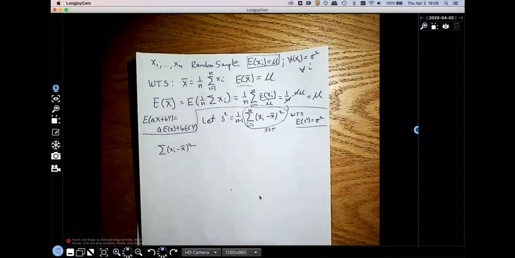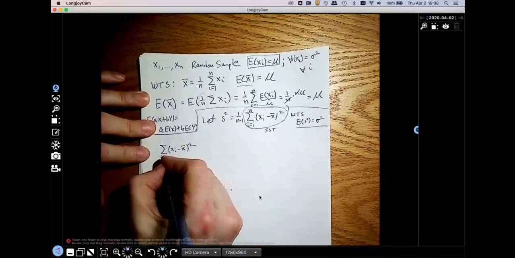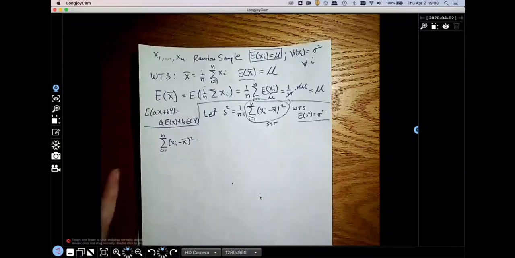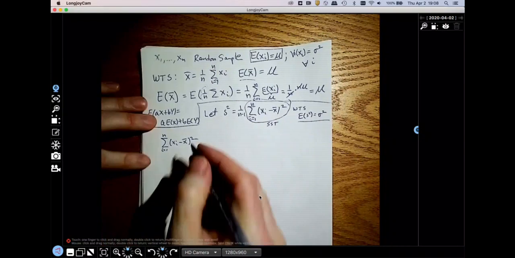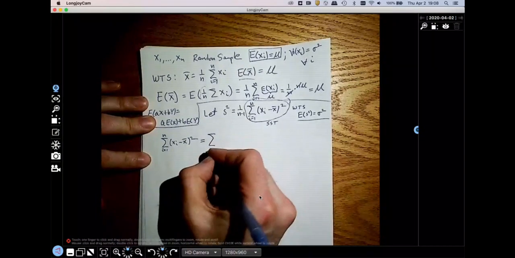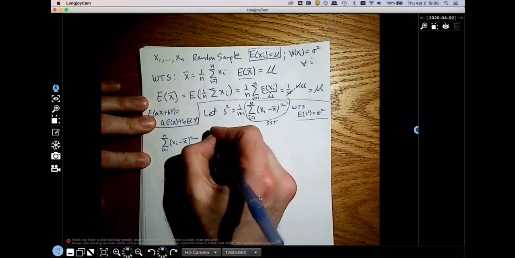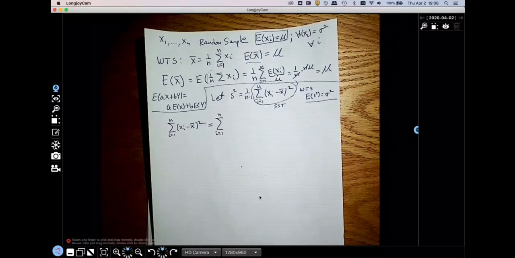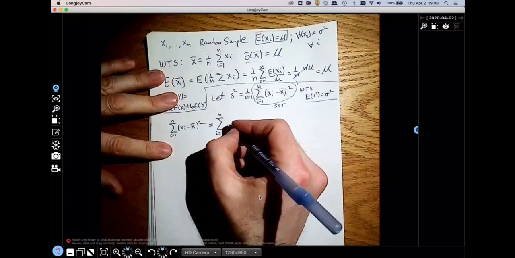So let's just work on this inner piece and try to put this in a different form that's going to make our life easier. Now, I'm going to do a little trick that is very often done. So it's a good trick to know about, and that's why I'm dragging you through this proof, or this derivation, whatever you want to call it.